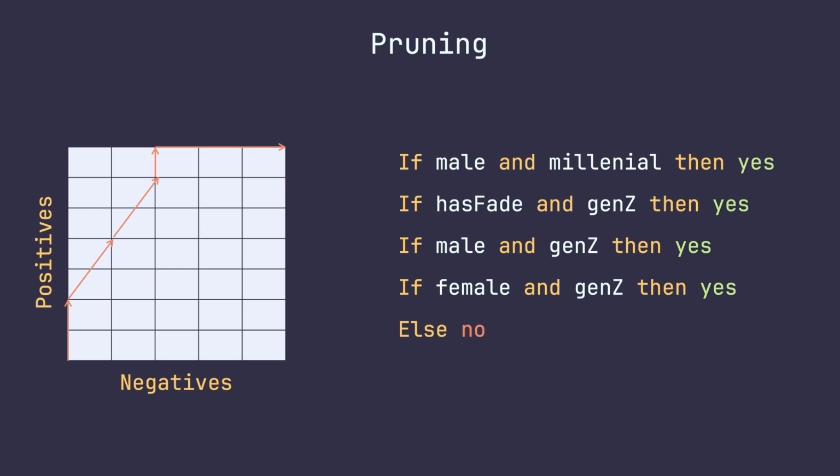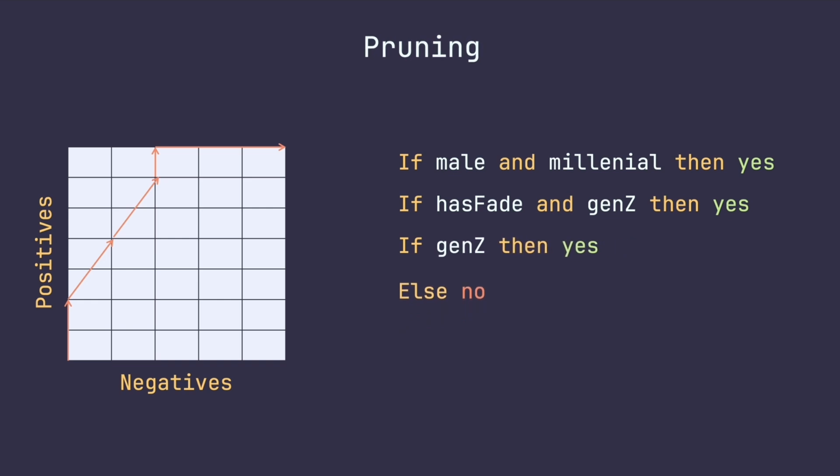Those two are specific, and maybe we can just summarize it into if Gen Z, then yes, because there are only males and females in this data set, meaning this rule would have the same weight as if male and Gen Z or if female and Gen Z, right? So we can reduce that down: if Gen Z, then yes. So we pruned a rule and reduced it to only one rule. It was 4 and now we have only 3.